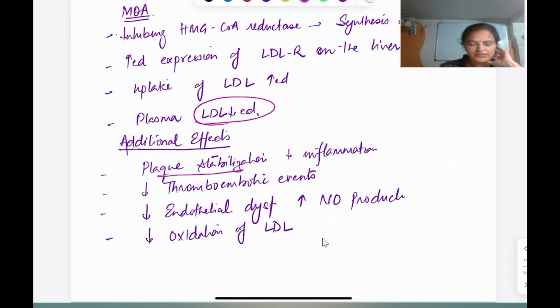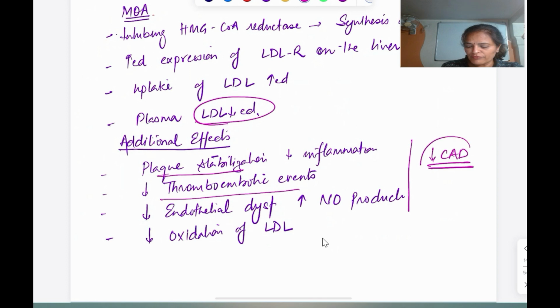Plaque stabilization, decreases thromboembolic events. So by that it is going to decrease coronary artery disease events, because diabetic patients are very prone to this.